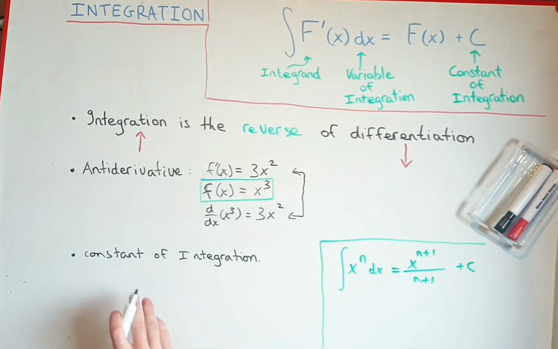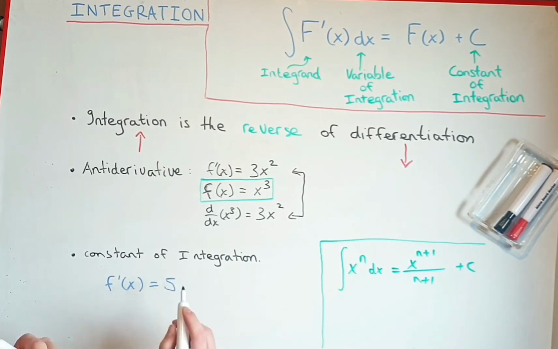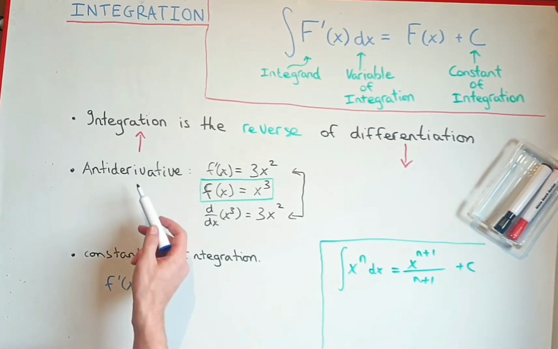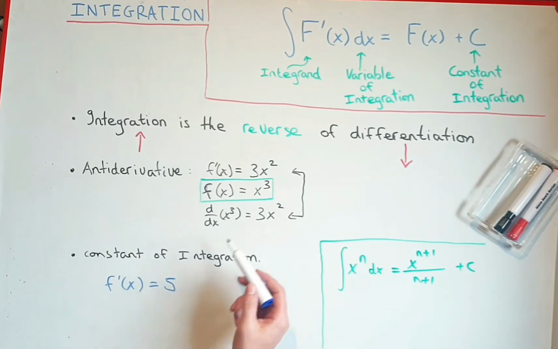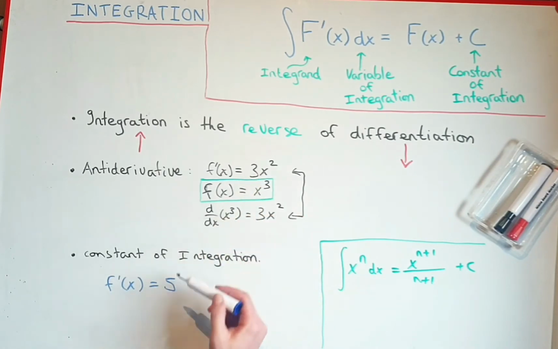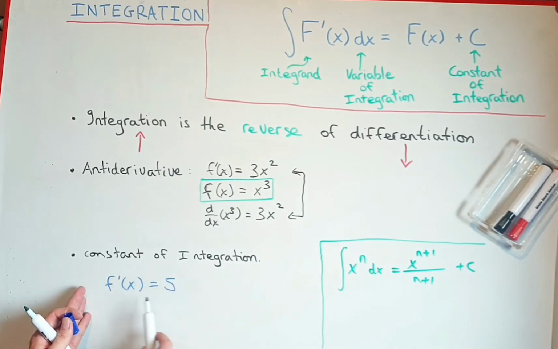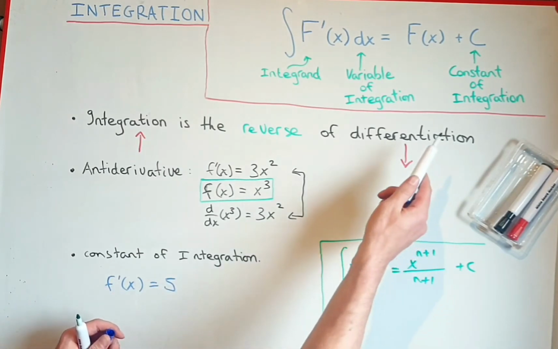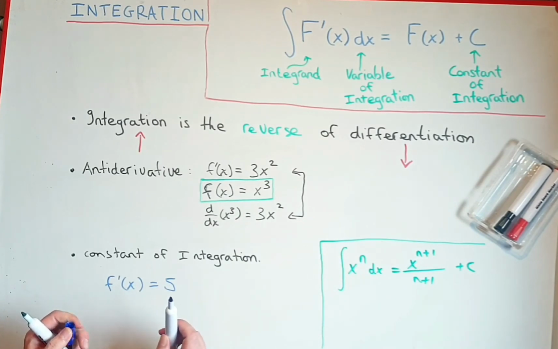All right, so then if I gave you another function that was just 5, we know if we differentiated this, it would go to 0. Now I want to find the antiderivative of this function. Just like before, I gave you a function here, I'm giving you a function here as well. So this example is going to explain why we need this constant at the end of the general form.